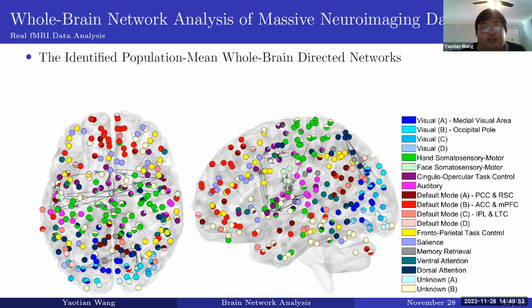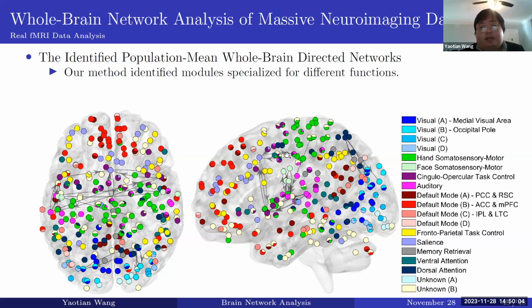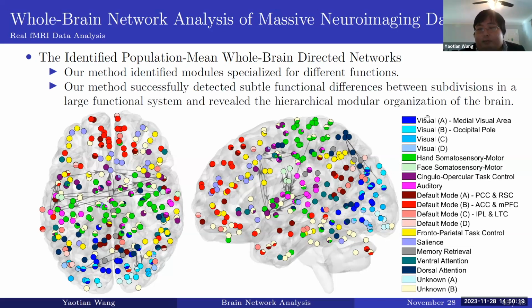Again, regions in the same color, such as green, red, or blue, are in the same module. We first compare our identified modules with the existing literature, and found that our method identified modules specialized for different functions, such as the visual function, the somatomotor function, default mode function, frontal parietal function. In addition, we identify smaller modules in large systems.